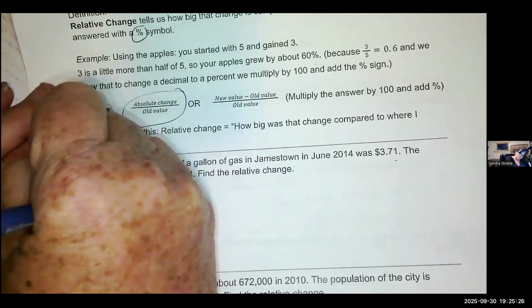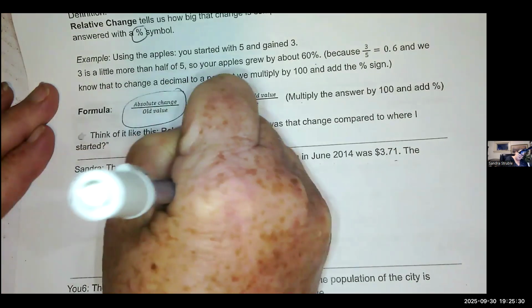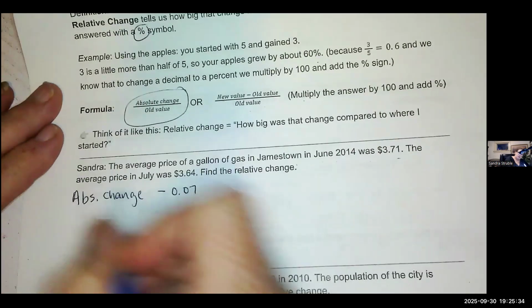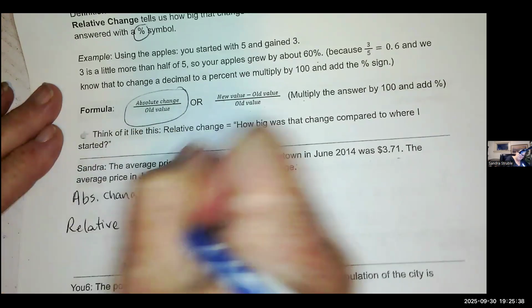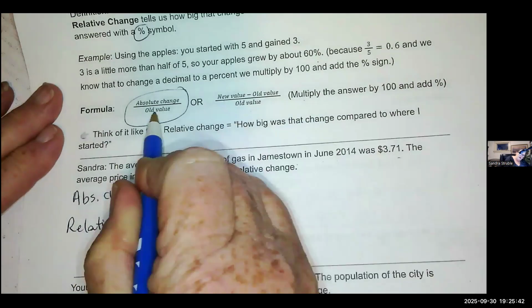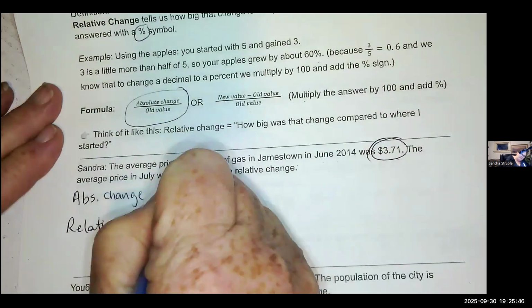So my absolute change was negative 0.07. And to find my relative change, that is going to be my absolute change divided by the old value, which is $3.71, because that happened in June.